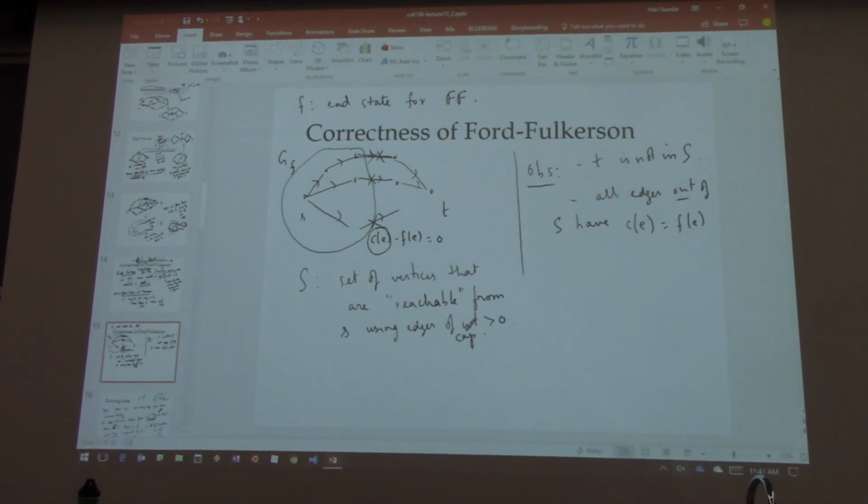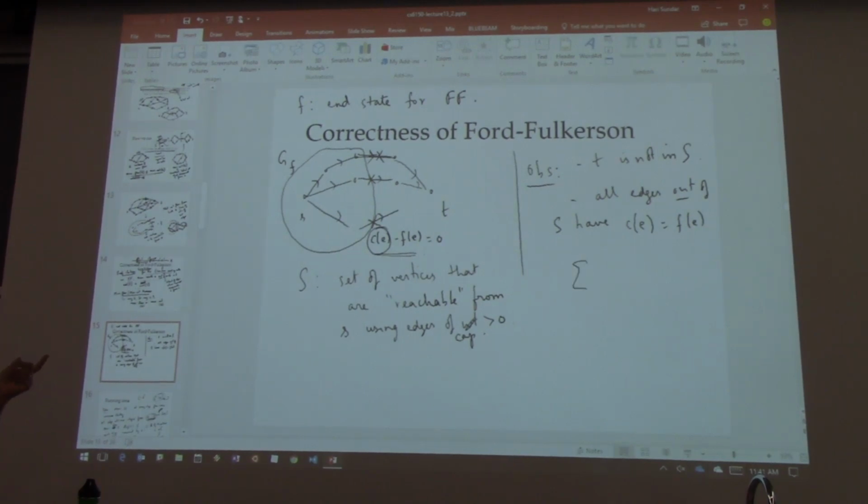So in some sense, for the flow F, I have come up with a ball such that if I cut all the edges out of that ball, then C of E equals F of E for all of those edges.